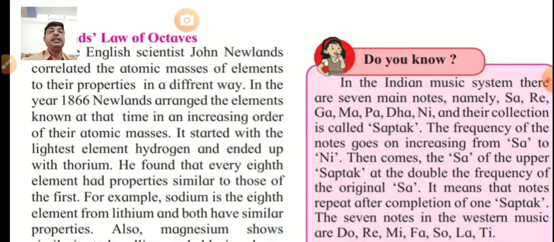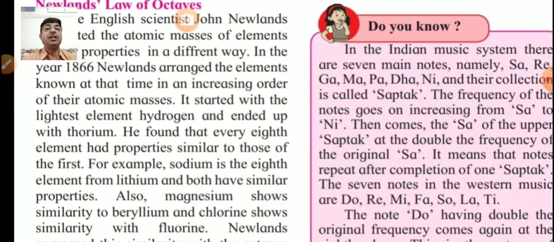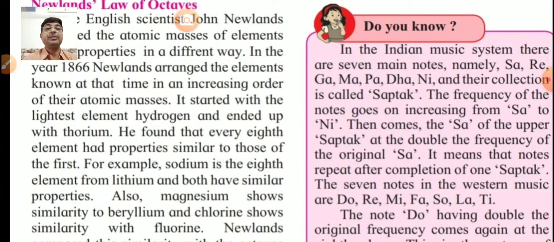In the year 1866, Newlands arranged the elements known at that time in increasing order of their atomic masses. So this second scientist also used the same basic property, atomic mass, for classification of elements. He started with the lightest element, hydrogen, and ended with thorium.